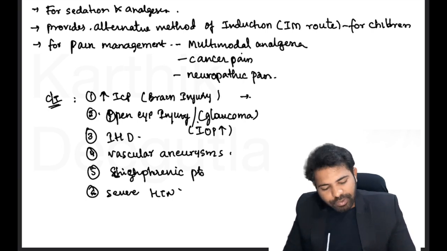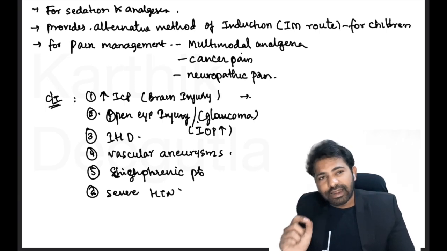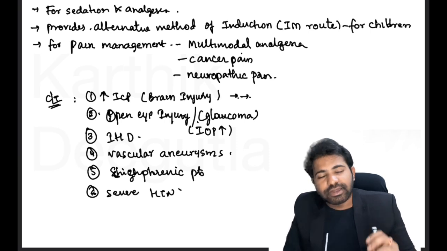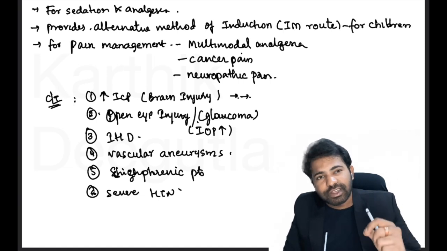Also remember that ketamine shows a neuroprotective effect in patients with head injury on mechanical ventilation. This raised ICP due to brain injury occurs in patients with head injury who are on spontaneous ventilation, who are breathing spontaneously. In them, ketamine is contraindicated.